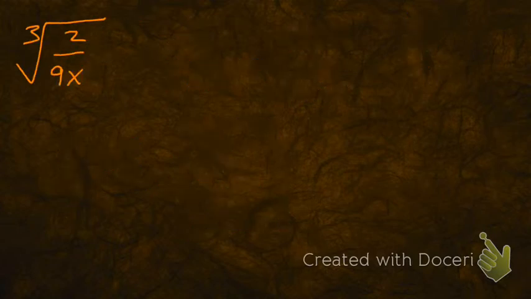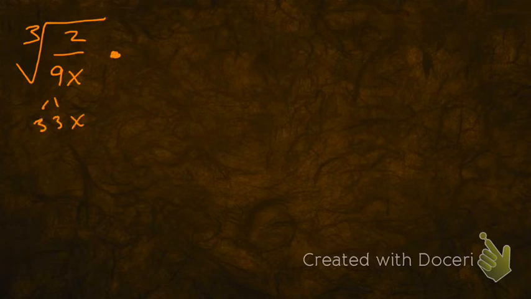Now we're going to talk about a cube root. With a cube root, you're looking for triplets on the bottom. So whenever you're going to kick something in to make sure you've got no lonelies on the bottom, you've got to kick in enough so there's 3 of everything. So on the bottom we have a 3 and an x.